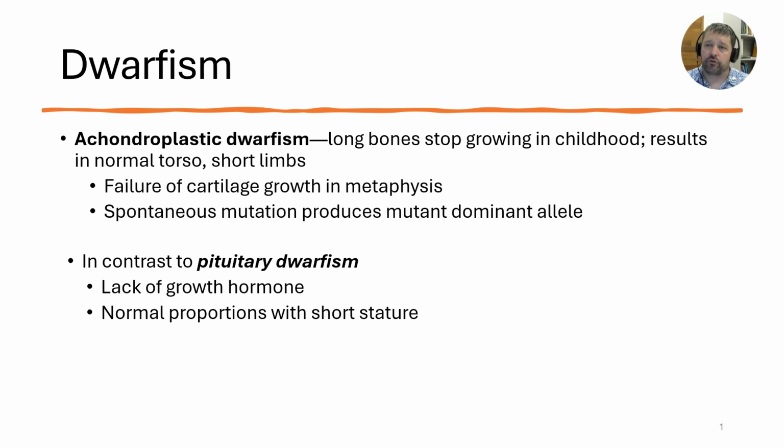And so in pituitary dwarfism, instead of having a normal torso and normal size flat bones in the head, all the bones are smaller. The lack of growth hormone means universally the individual is shorter in stature, and so all bones, long bones, flat bones, all the other bones, are affected by this.